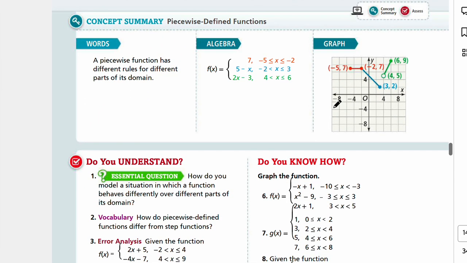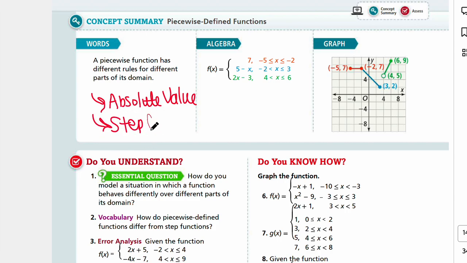Let's summarize our concept. Piecewise defined functions. We looked at different types of piecewise defined functions. And a piecewise function has different rules for different parts of its domain. Part of piecewise function, we looked at absolute value, right? Absolute value function is also a part of piecewise defined function. Another type, step functions.